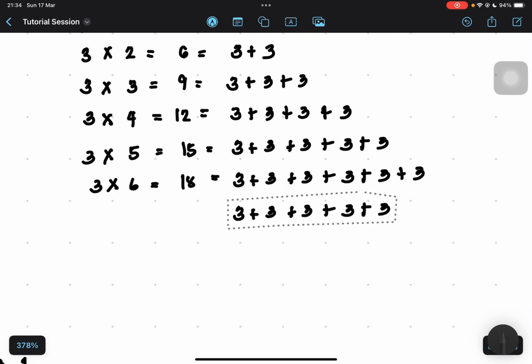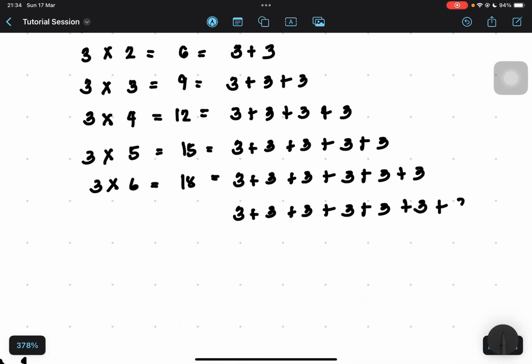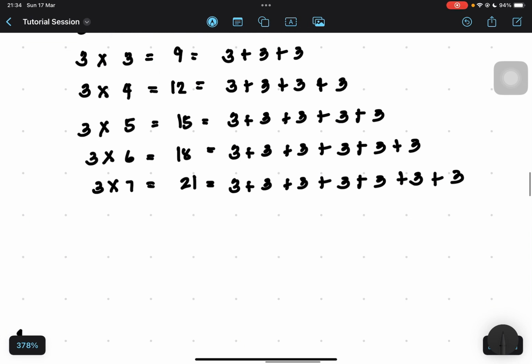Then adding another 3, that is 21. We add 3 by itself 7 times.